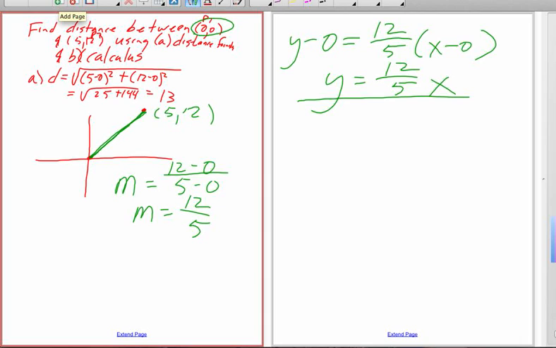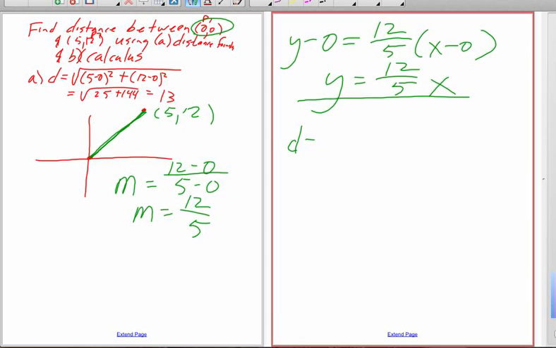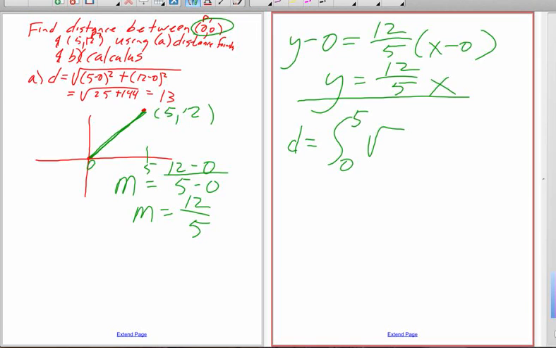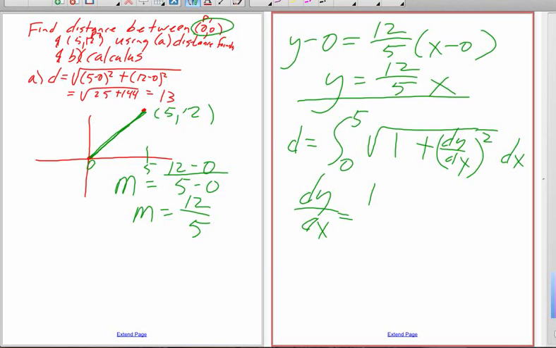So there's my y. The distance then is going to be the integral, and I'm dealing with 0 to 5. So it's the integral from 0 to 5 of the square root of 1 plus dy dx squared dx. We need to find dy dx. So dy dx equals the derivative of this, which is 12/5.